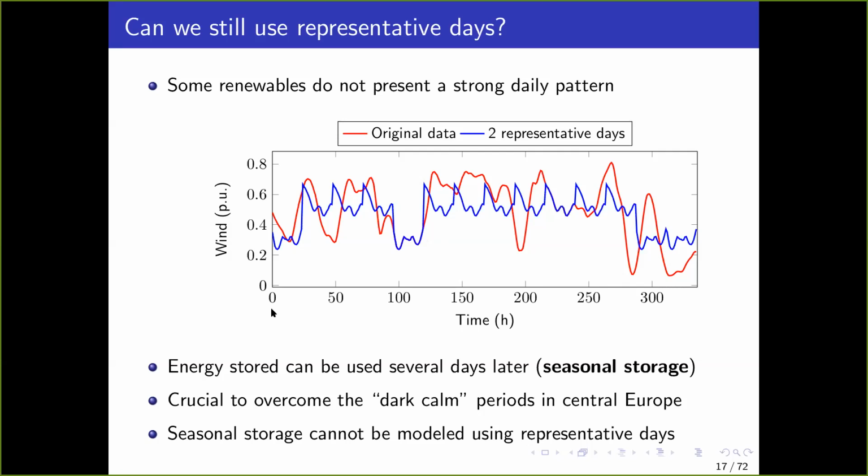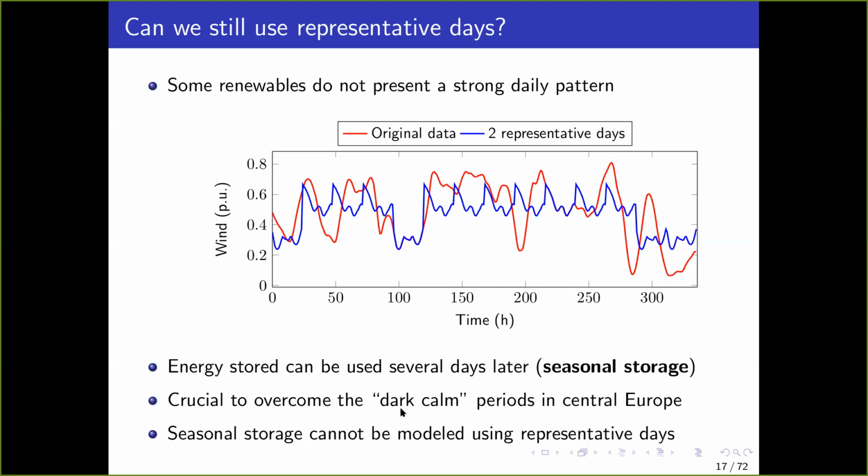That's one thing that is bad about representative days, but there is a second bad thing. And this is related to seasonal storage. So with storage, you can, for example, use it to move energy from day to night, or you can also use it to move energy from Monday to Friday. And that's what's called seasonal storage, where you have several days in between.